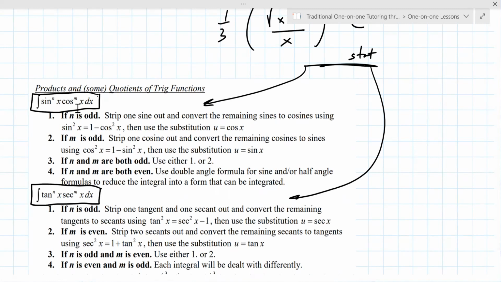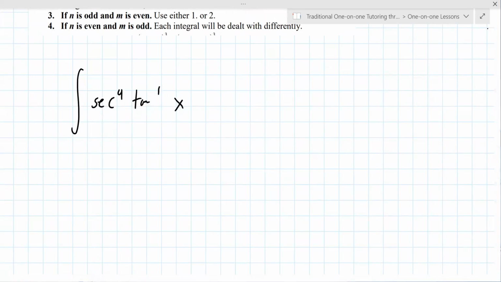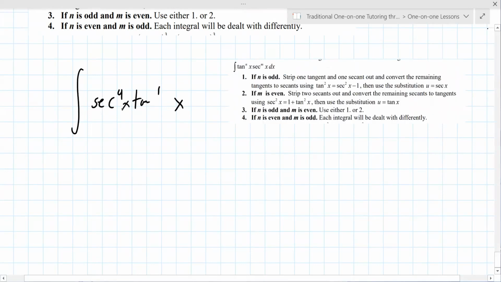Oh, wait, never mind. There was an integral of secant to the 4th times tangent x. Tangent to the 1x. Yeah. Secant to the 4x, there's an x there.